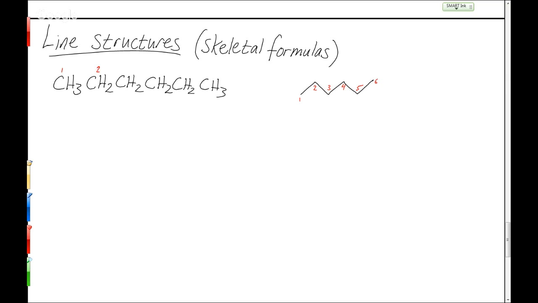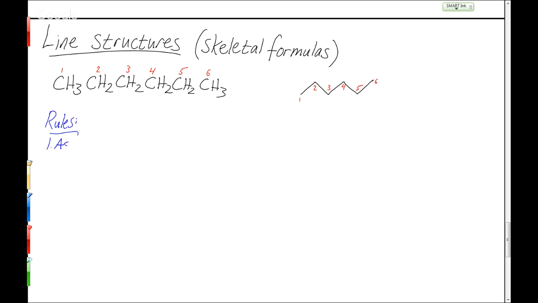And similarly, in our condensed structure, we see 6 carbons. So we might say something about that connection. And that is indeed our first rule of drawing line structures. We can call these rules or assumptions.